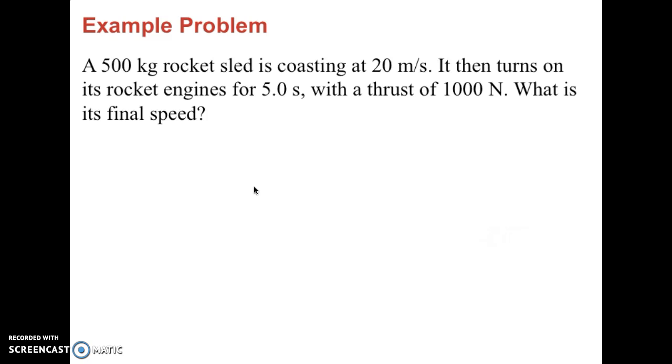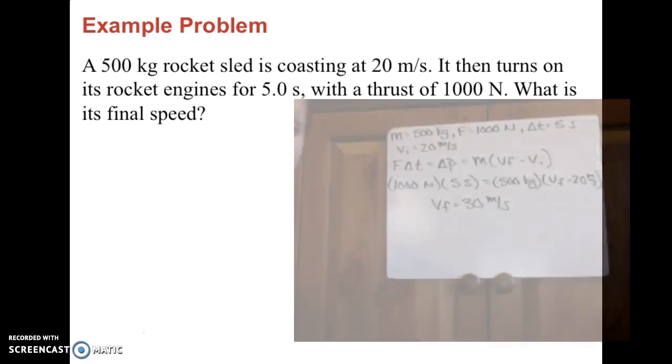All right, so I do my math, solving for v final, and I find the final velocity to be 30 meters per second. Sorry I didn't put that on full screen, but you can check it out here.